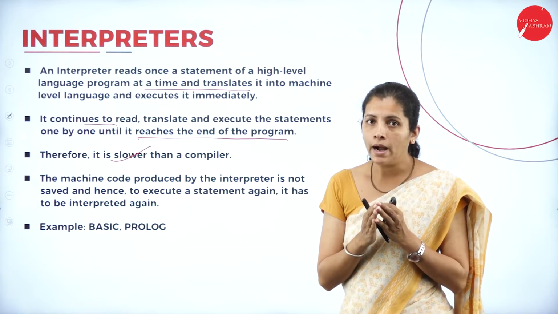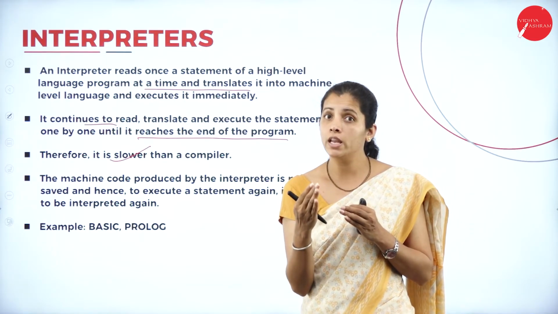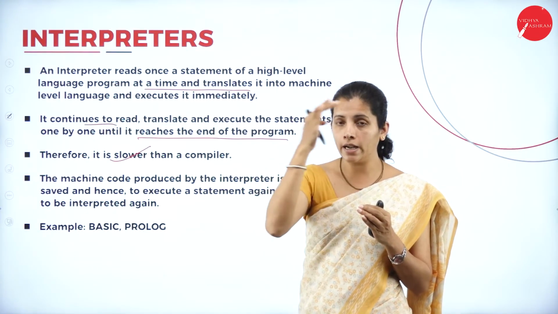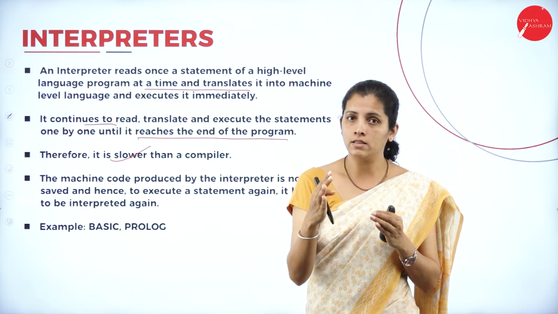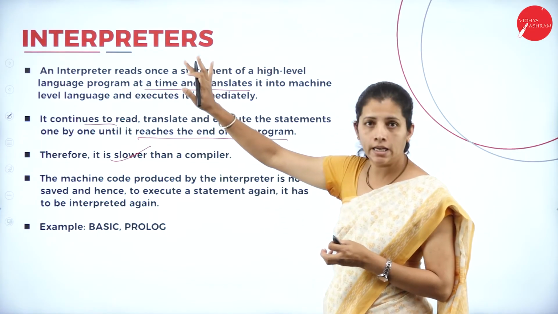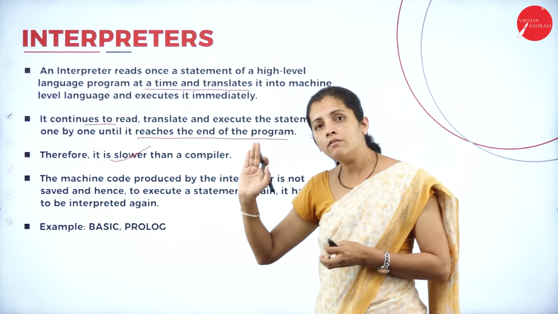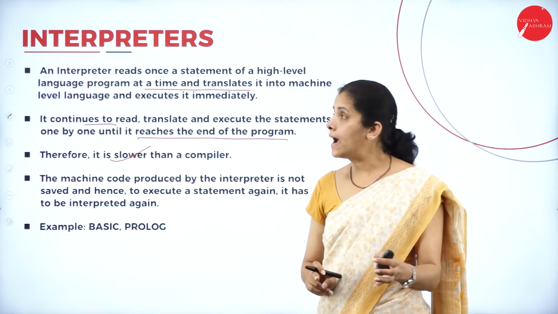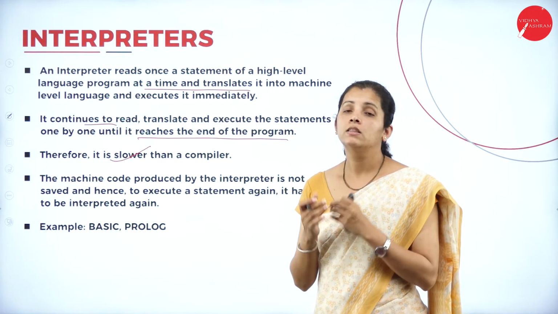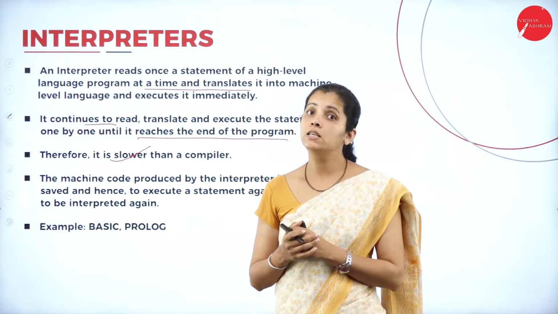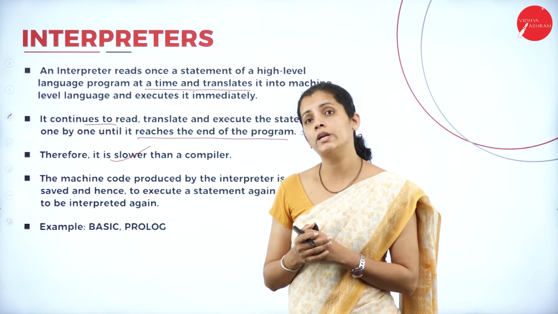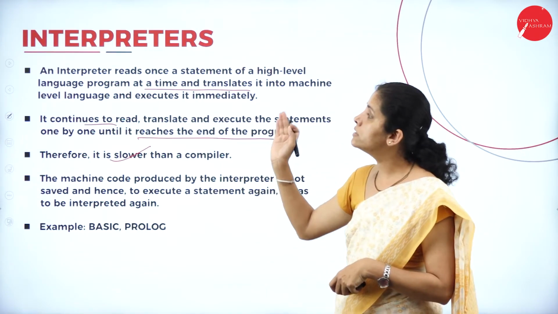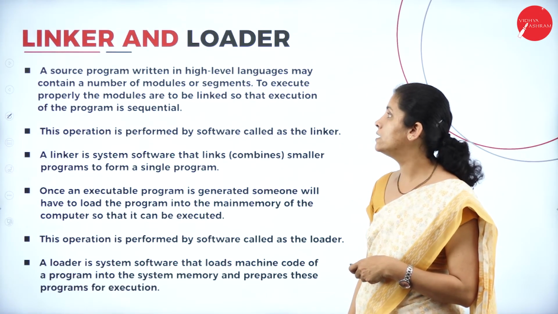If I go with a compiler, the execution speed is very high because it's going to read and execute the entire program at once. If I go with an interpreter, it's going to read and convert one line at a time. So this is the difference between compiler and interpreter.